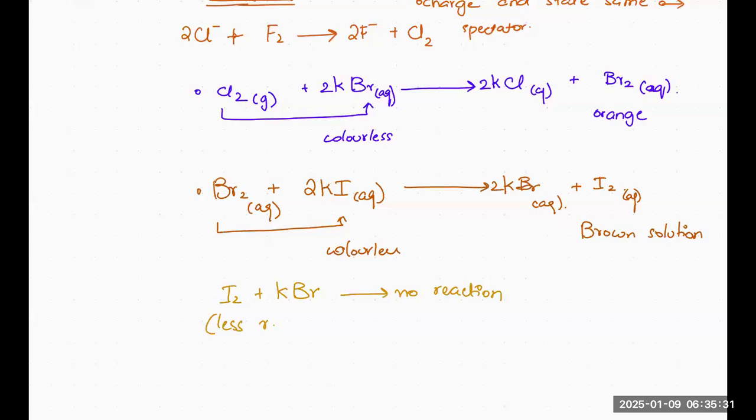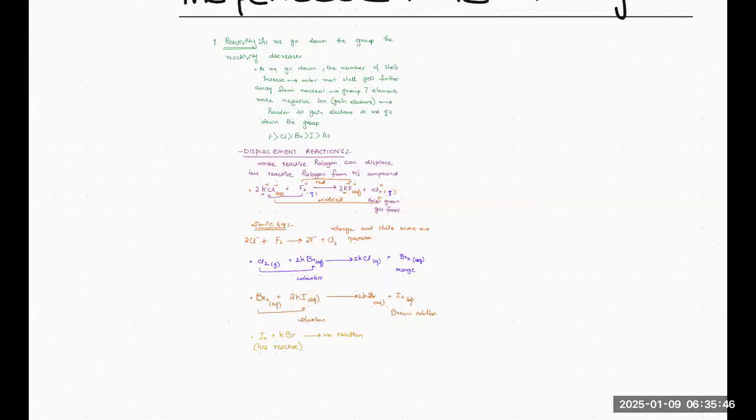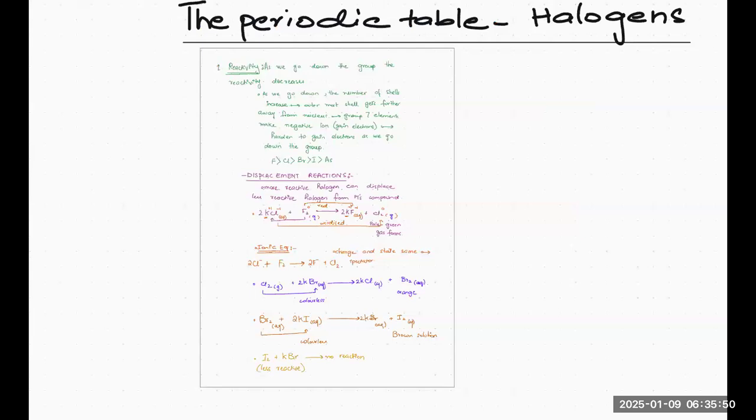Now, this is one of the important reactions of this chapter that you have to know. Along with all of these, there are a few more reactions that we have to go over. One of the reactions that we have to talk over is the formation of hydrogen halides.